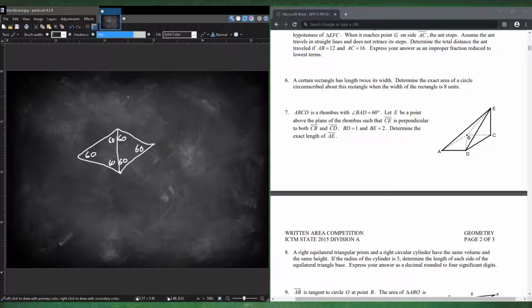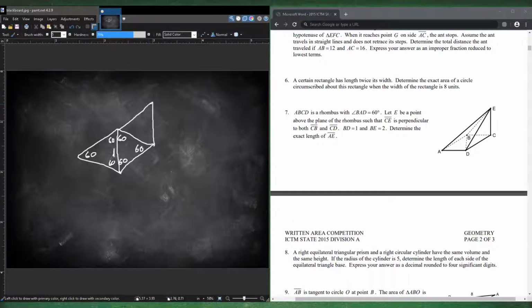Okay, so CE is perpendicular to CB and CD. BD is equal to 1, so this is 1, and BE is equal to 2.